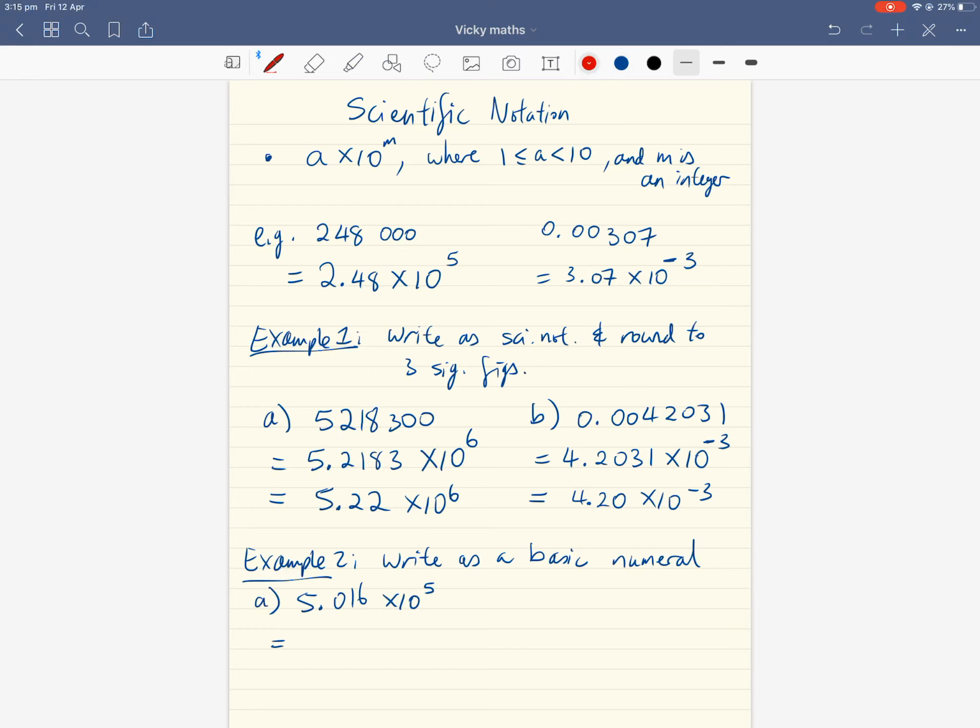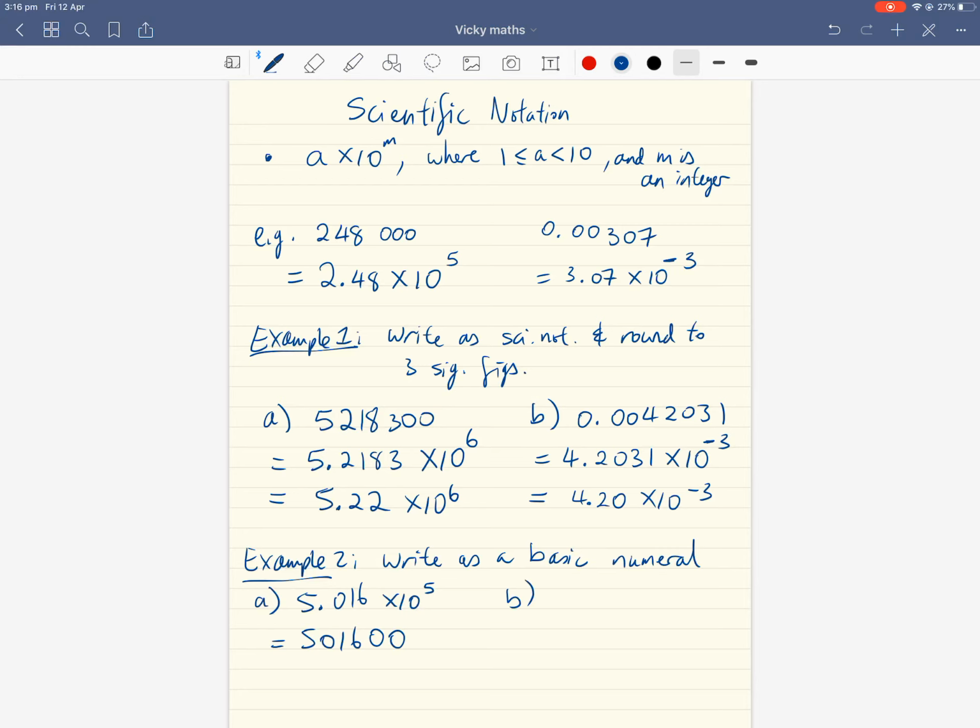Well, let's do our decimal hopping. 10 to the 5 means we need to hop our decimal place 5 times and make it a big number. So we're going to hop to the right-hand side to make it big. 1, 2, 3, 4, 5. So we need to add in 2 more zeros after the 6 to make it full 5 places. So what we get is 501600 as our final answer.